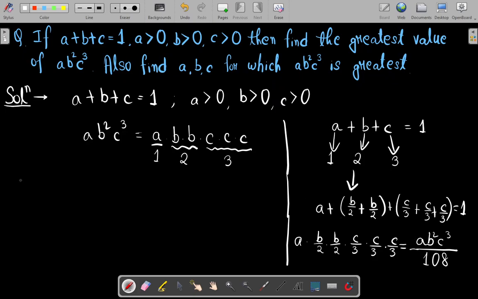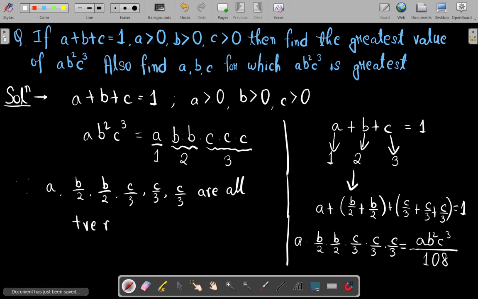If we partition this, we can get this. So let us now try to use the AM greater than GM inequality. Since these are real numbers, a, b by 2, b by 2, c by 3, c by 3, c by 3 are all positive real numbers.